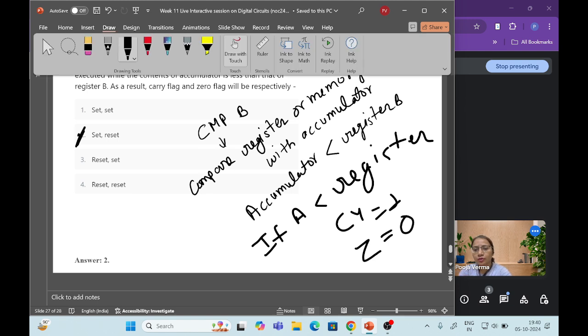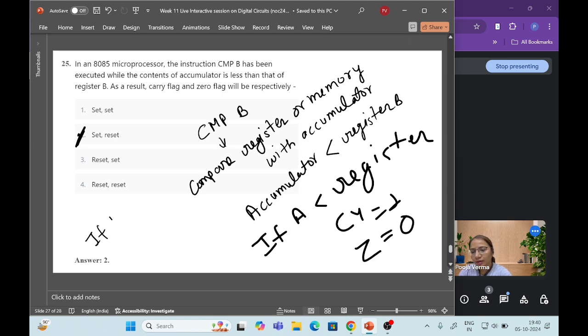So here, if the content of the accumulator is less than register B, it will be this. If the content of A is equal to the register or memory, the carry flag will be 0 and the zero flag will be 1.